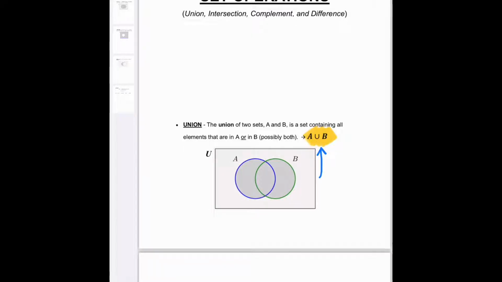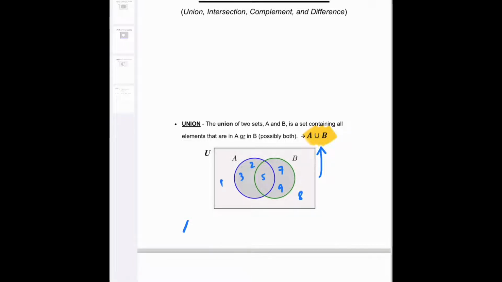So for example, if I put in some random numbers inside, A union B is a set containing all the elements that are in A or in B. So basically the shaded areas.